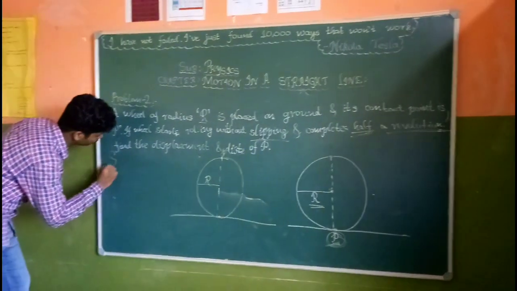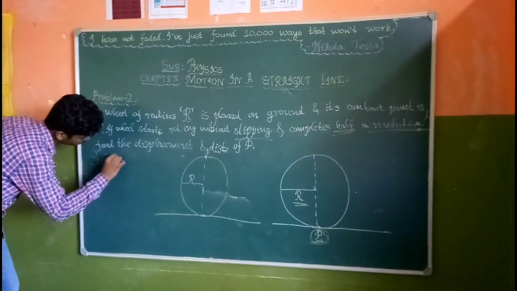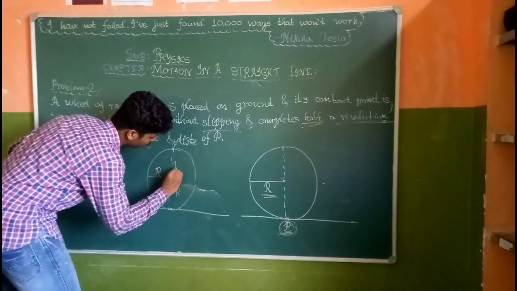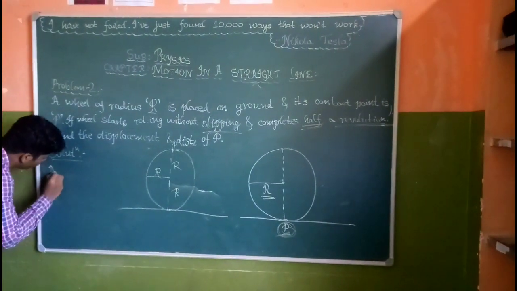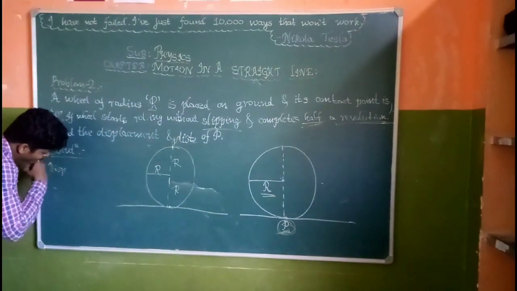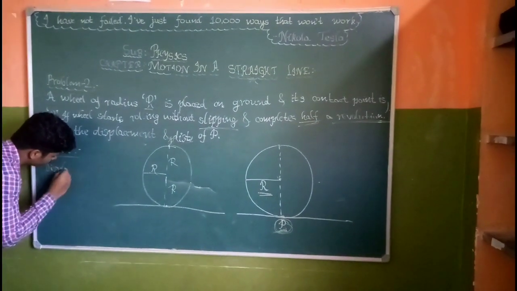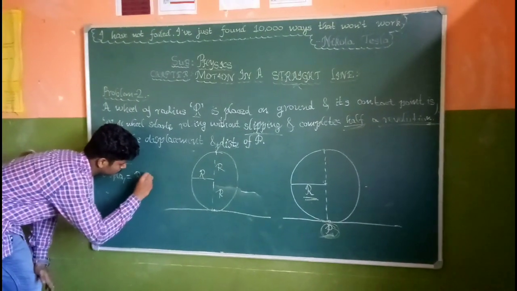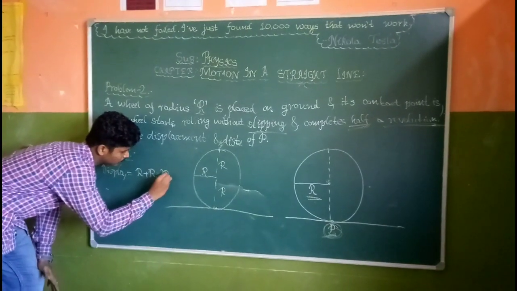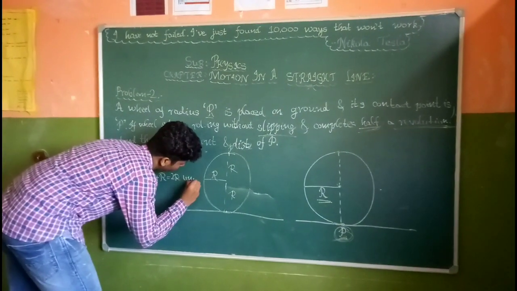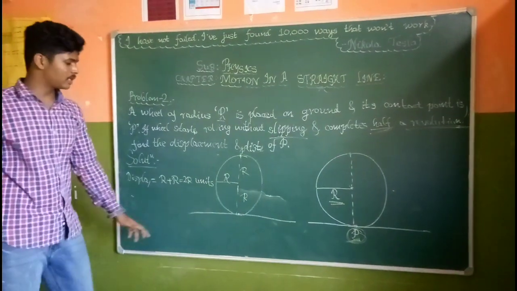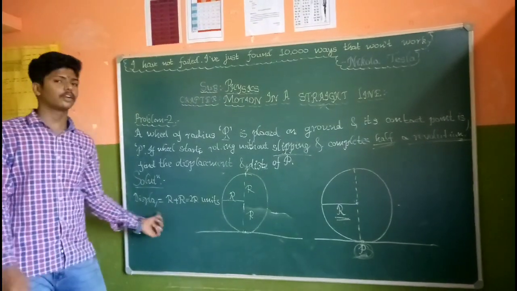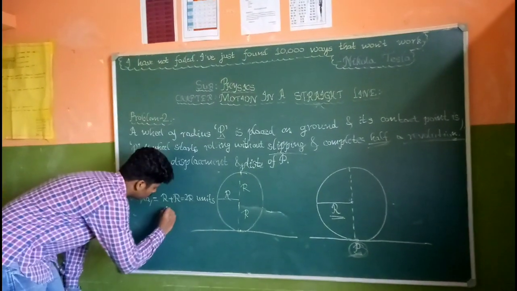Solution: displacement is r plus r, that is 2r units. As I said, displacement is a vector quantity. You have to mention direction also. Without direction, there is no meaning of displacement. The direction is towards up.